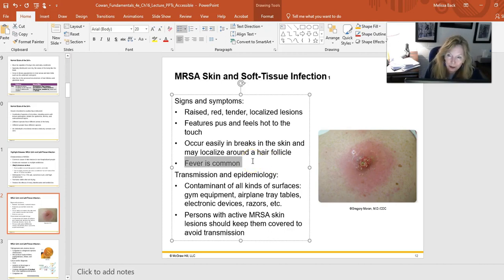So these clusters of round looking gram positive purple looking bacteria, and the gram stain would be very indicative of that, and then the culture would confirm it.